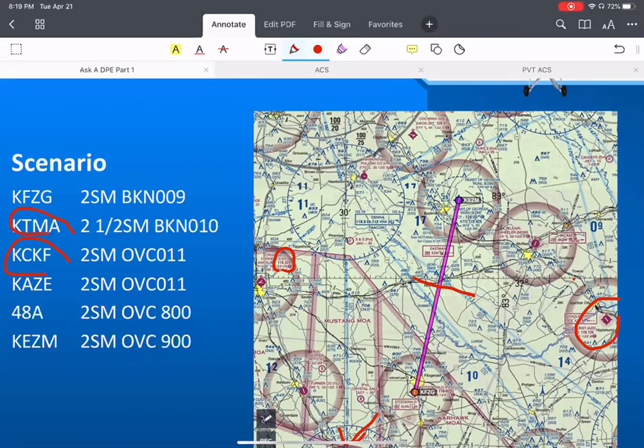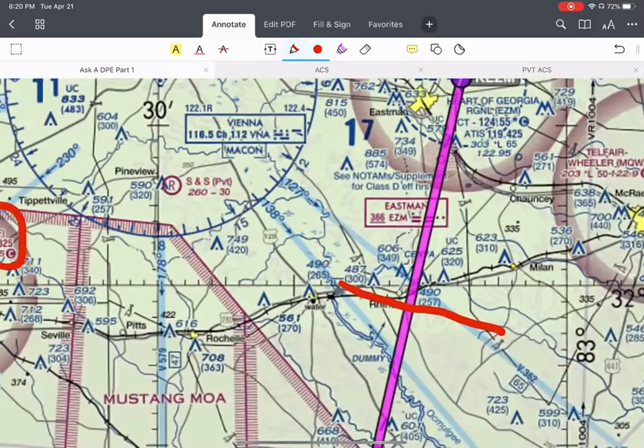Maximum MSL altitude. Zoom it in a little. You see, that's the thing. They need to ask me to zoom it in, Maggie, so they can see details that they need to answer the question.